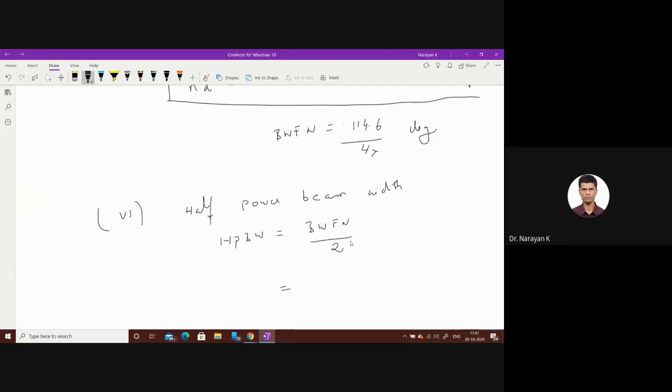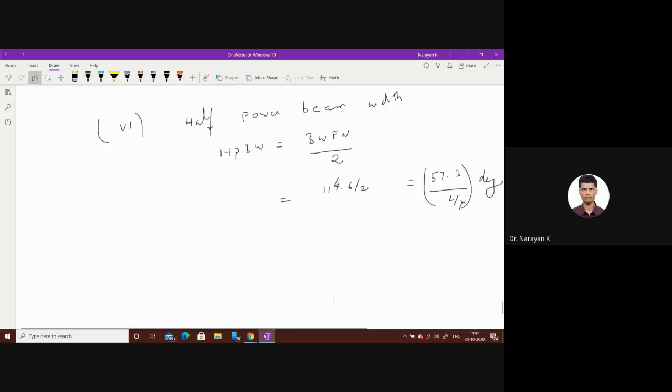So what I should write this, if I divide the above equation by 2, 114.6 degrees divided by 2, what will happen? Whole thing divided by 2. 57.3 divided by L by lambda, this many degrees.